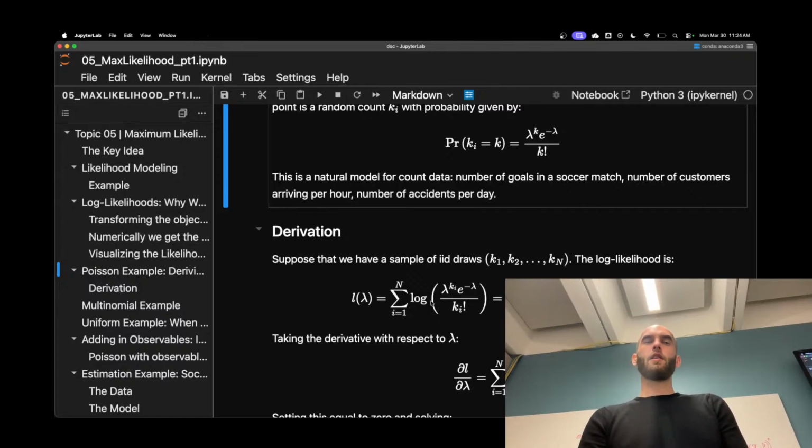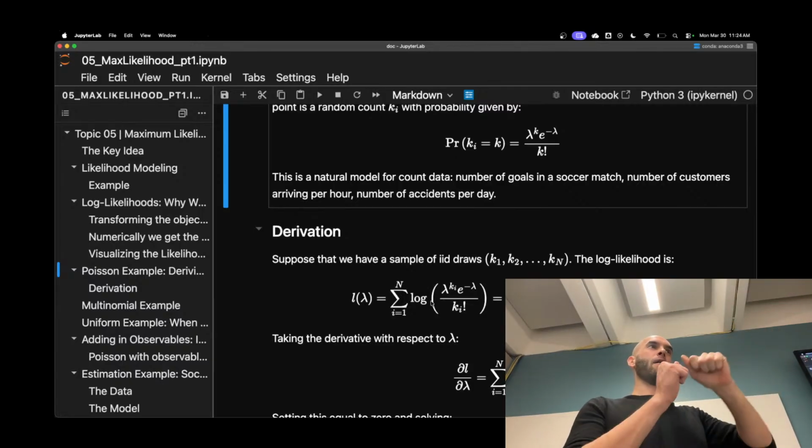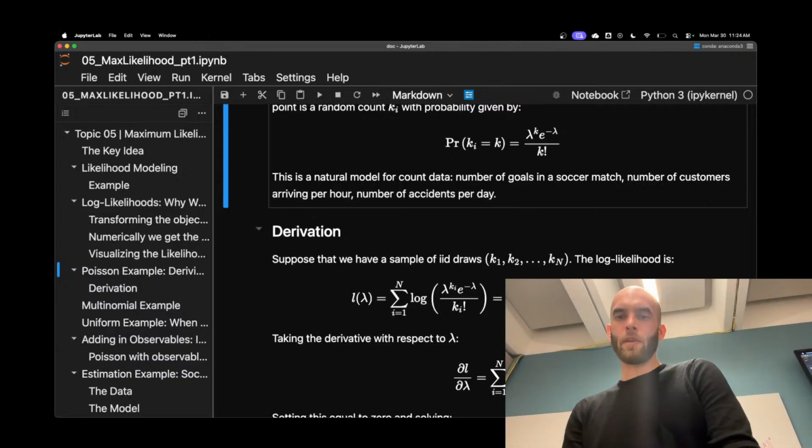The log of that whole thing, using the same property of logs, allows us to expand this log into a sum of the different values. So this is just an expansion of the logs.